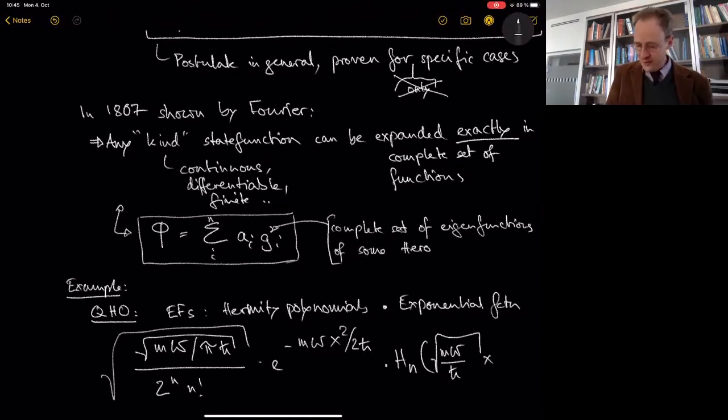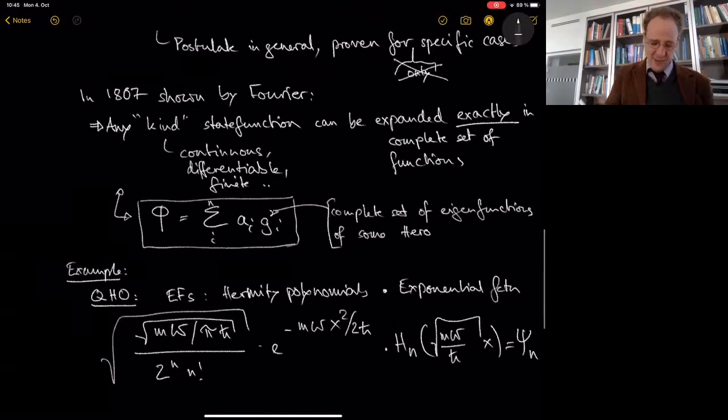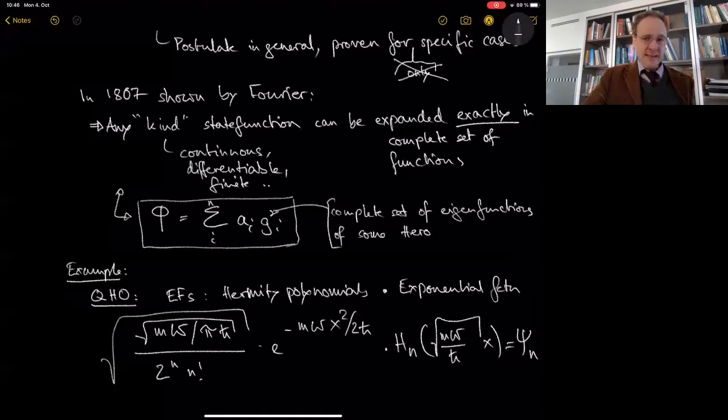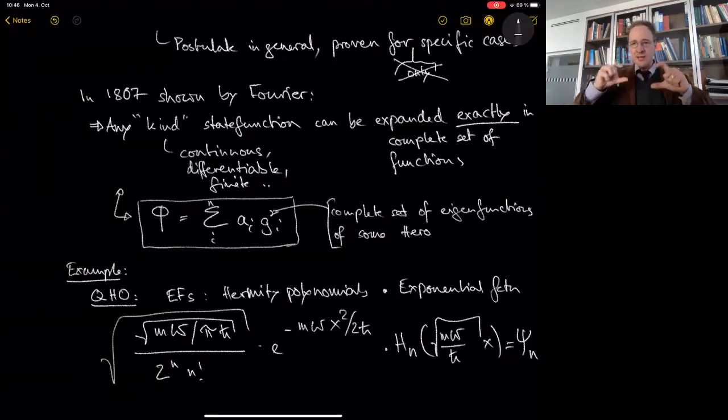So you can think about this. This is your solution for the nth level, and this is your nth eigenfunction, right? And this is the spectrum of your harmonic oscillator. You know, the energy is equidistant in this quadratic potential. And in these solutions, you probably know them.